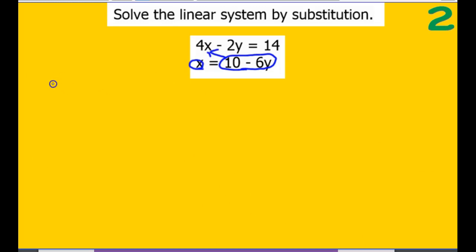So then our problem comes out to be 4 times 10 minus 6y, minus 2y equals 14.